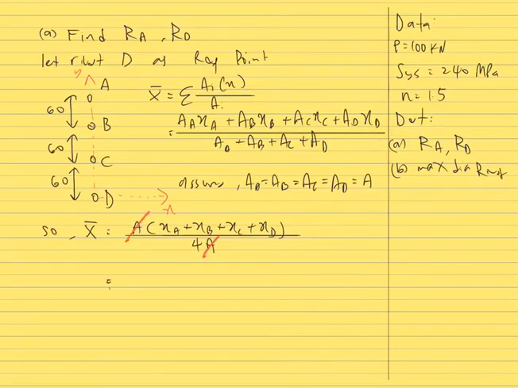The distance on the x-axis from point A to point D is 0, B to D also 0, C to D also 0, and D to D 0. So 0 divided by 4 is equal to 0 mm. So the x bar coordinate of the centroid is 0 millimeter.